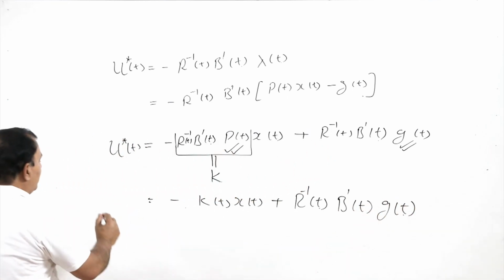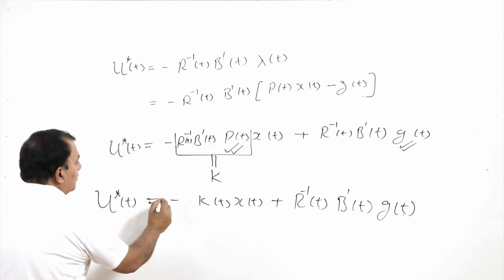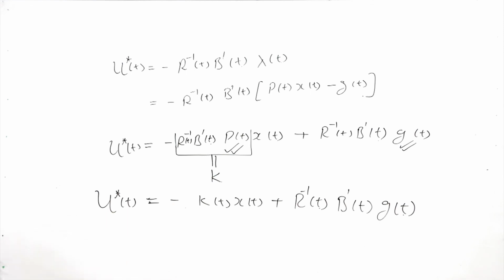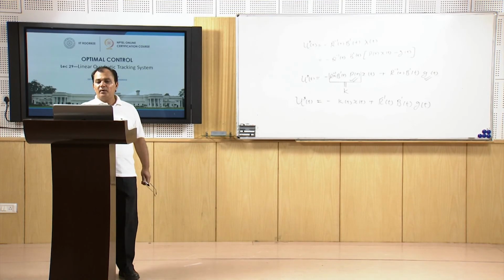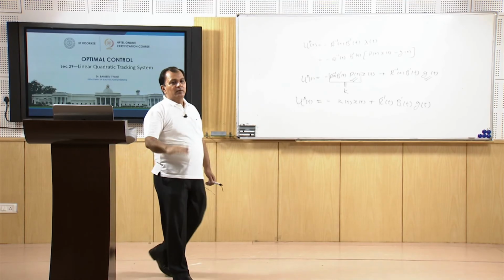So, this means I am finding my optimal u as given by this expression, and if I place this optimal u in x dot equals A x plus B u, with u replaced by this, this is my optimal state, and this whole will give me my closed loop system.